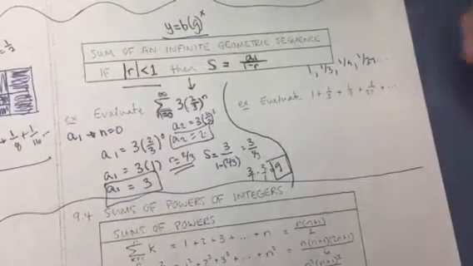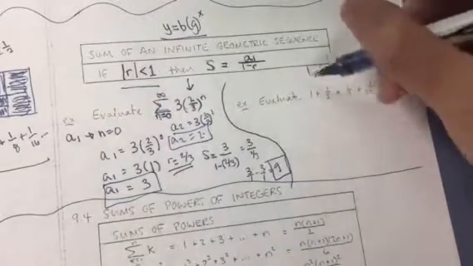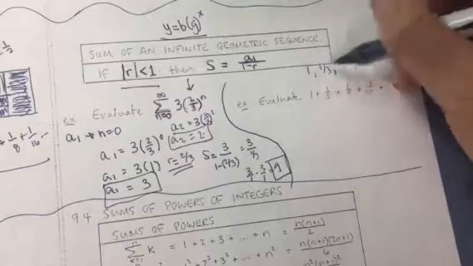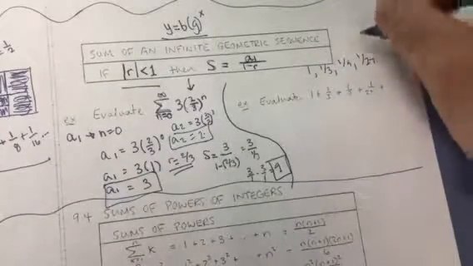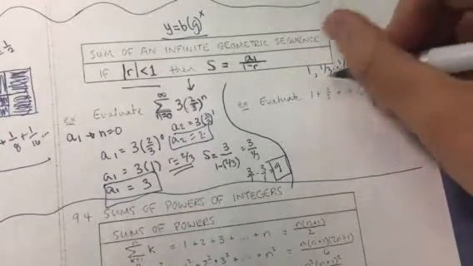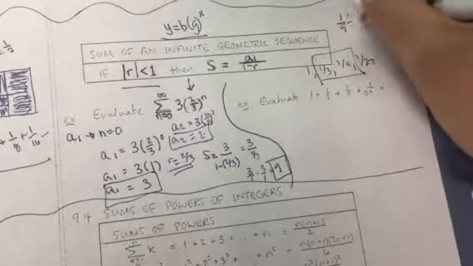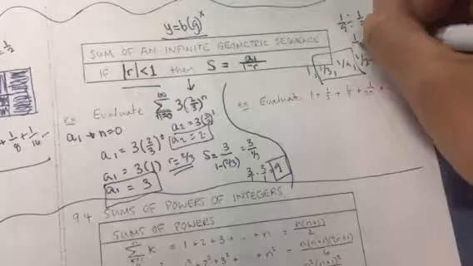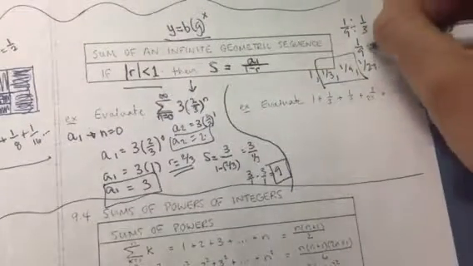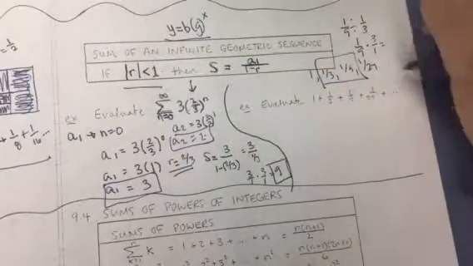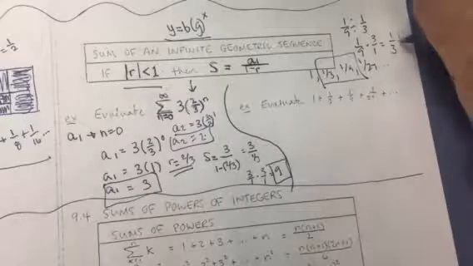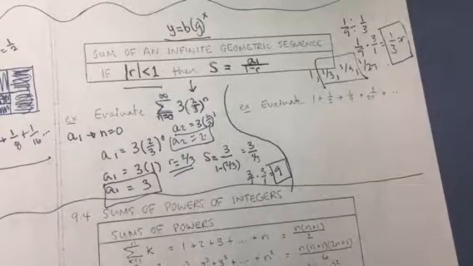We need to be able to pull out that ratio. We want to see that each term is being multiplied by 1/3, and if we're not sure, we can pick 2 and divide. So let's say I choose these two. 1/9 divided by 1/3 is the same as 1/9 times 3/1, which just simplifies to 1/3. So that's our common ratio, 1/3.